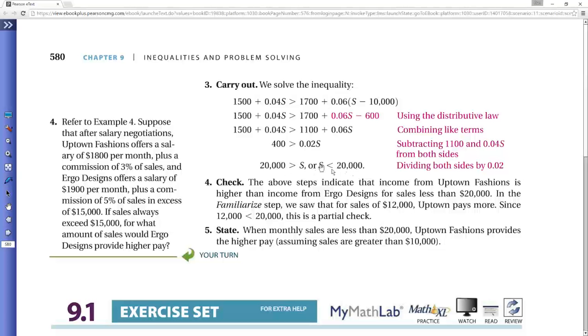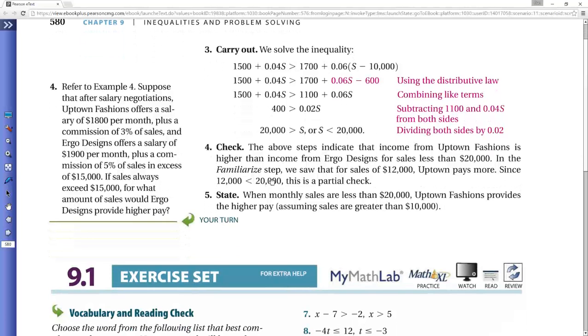Now notice this is another area you've got to watch out for with inequalities. I just can't flip sides. You've got to keep the relationship between these two sides. If I want to put the S over on the left side, I have to make sure that I still represent that the correct way. You could check that by putting in something less than $20,000 and seeing what happens with your commissions.